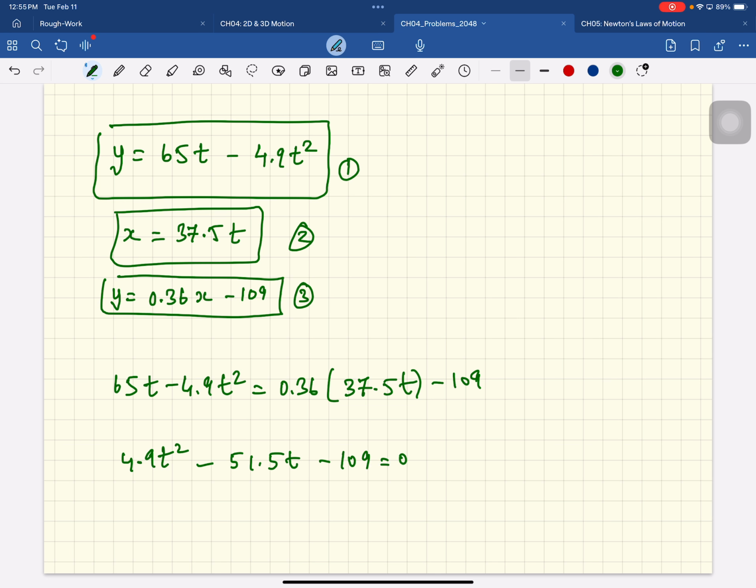So there is your quadratic equation. And so t equals minus b, which is 51.5, plus or minus the square root of b squared minus 4ac.